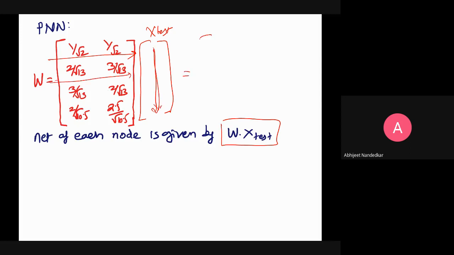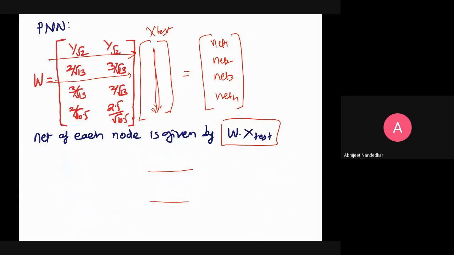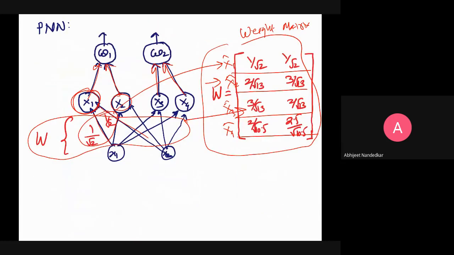So you will get net 1, net 2, net 3, net 4 immediately. In one step you will get the nets of all the pattern nodes. I just substitute here the test input, X test, and immediately I get the net of each node. Net means the net value going to this node.